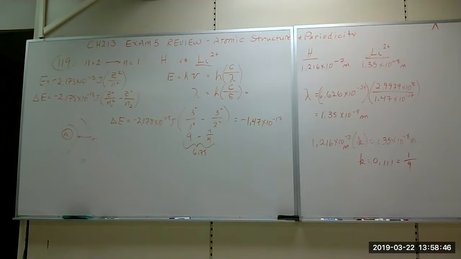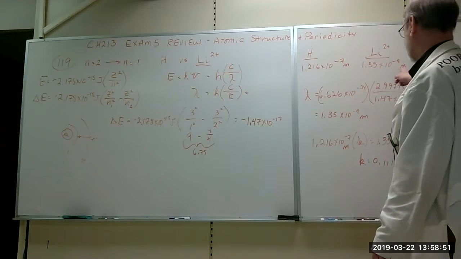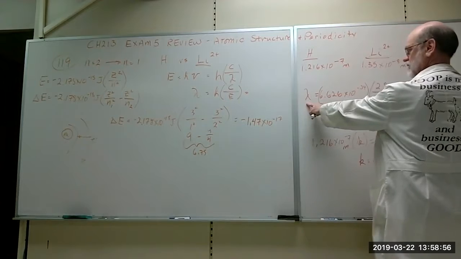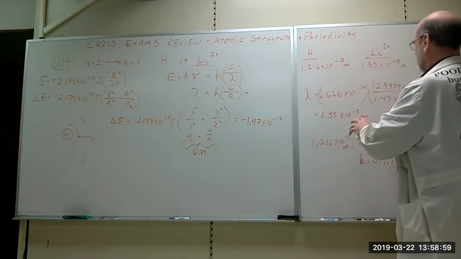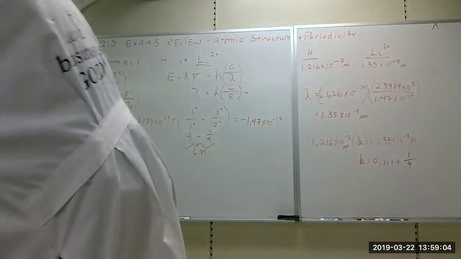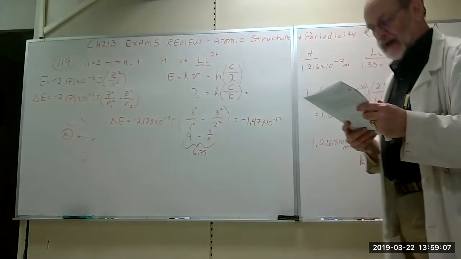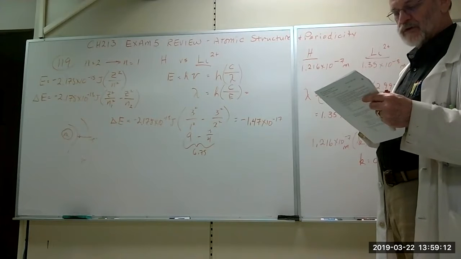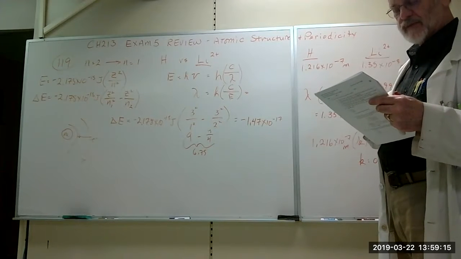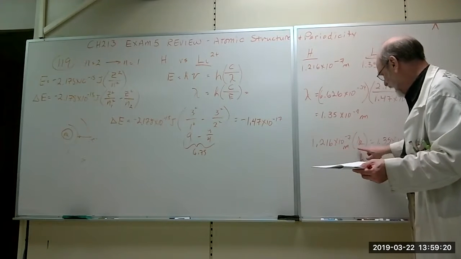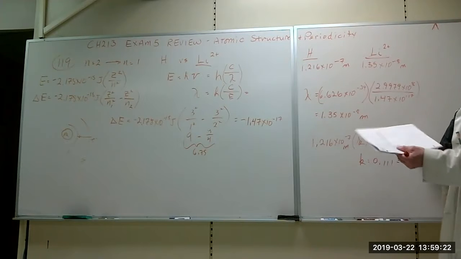Question? I got a little bit lost. Okay. After we got the 1.35 times 10 to the negative 8. Okay. So we got that one from this calculation. Right. Yeah, I got that. Okay. And then what switched? Oh, okay. So now I went back to the wording of the problem. And the problem says, by what coefficient should this wavelength, the wavelength that we're given, 1.216 times 10 to the minus 7, what number should that be multiplied by? So I said that one has to be multiplied by a number to give us this answer.